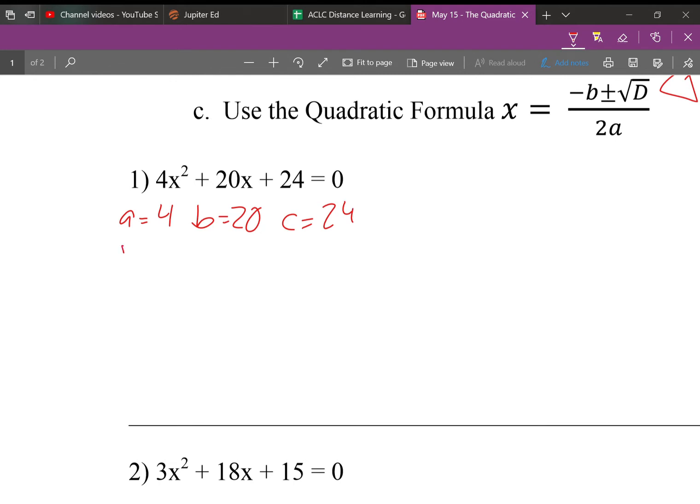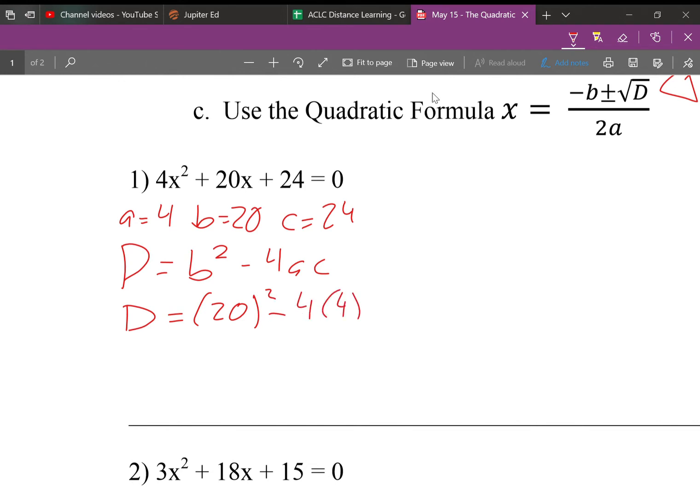Now the discriminant, b squared minus 4ac. I'm going to need to be careful when I substitute. B is 20, so I have parentheses 20 squared minus 4 times a, which is 4, times c, which is 24. You definitely want a calculator for this.